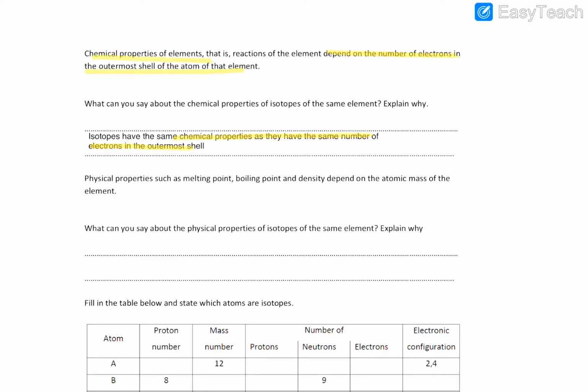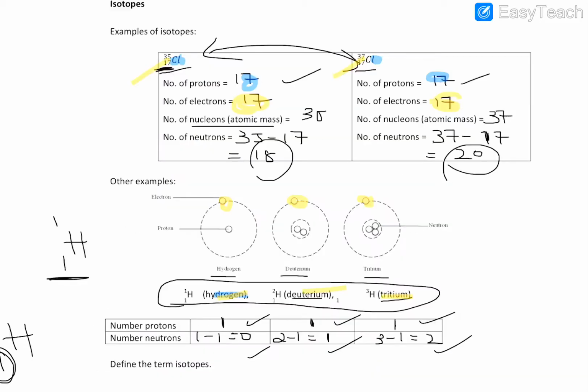Now, physical properties such as melting point, boiling point, density, depend on the atomic mass. So let's look at the atomic mass of the isotopes. You see, they are different. This one is heavier, which means it's going to be denser, which means that its boiling point might be higher.